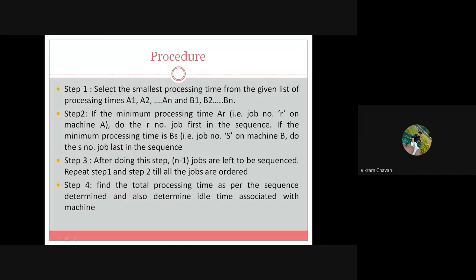In the sequence order, that job should be placed first. Once we have given the sequence order to that job, we proceed to the next.